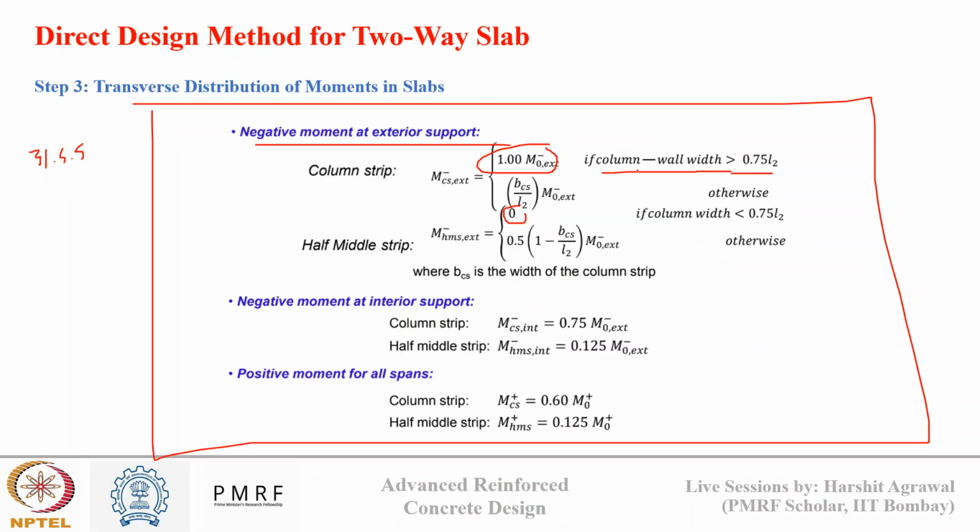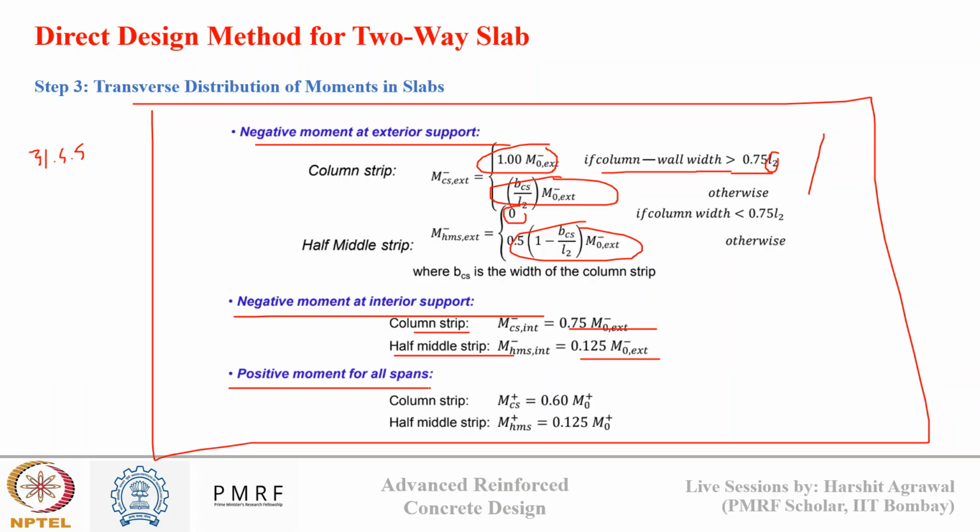But if the column wall width is less than 0.75 times L2, where L2 is the length in the transverse direction, then the moment distribution will be based on these two formulas. This is for negative moment at the exterior support. Now at the interior support, the moment distribution is simple. The column strip has 75% moment, and the half middle strips will have 12.5% moment in each direction.